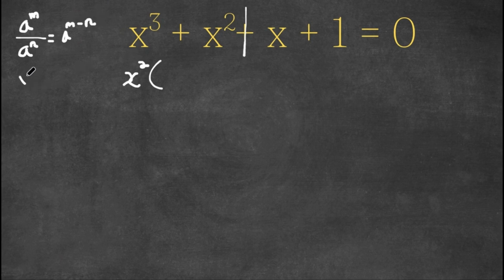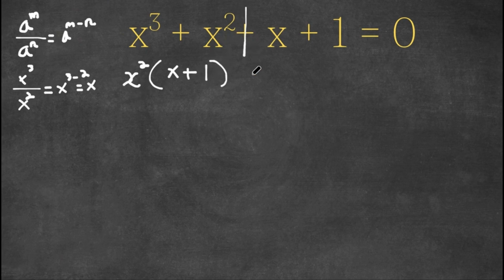So x to the power of 3 over x squared equals x to the power of 3 minus 2, which is simply x to the power of 1, which is x. So x to the power of 3 divided by x squared is x, plus x squared divided by x squared is simply 1, because anything divided by itself is 1.